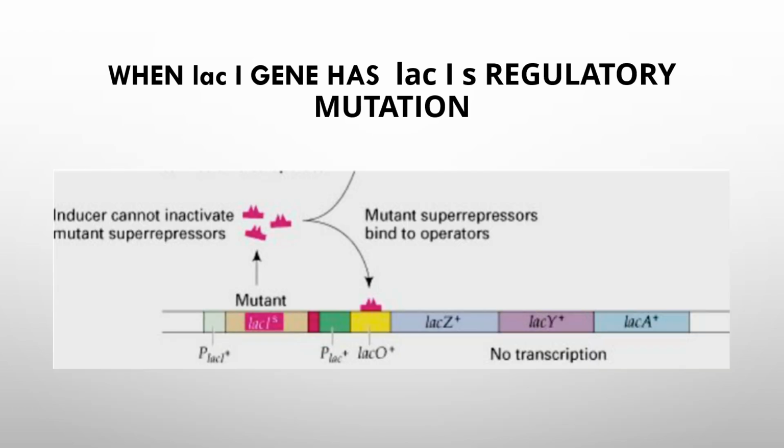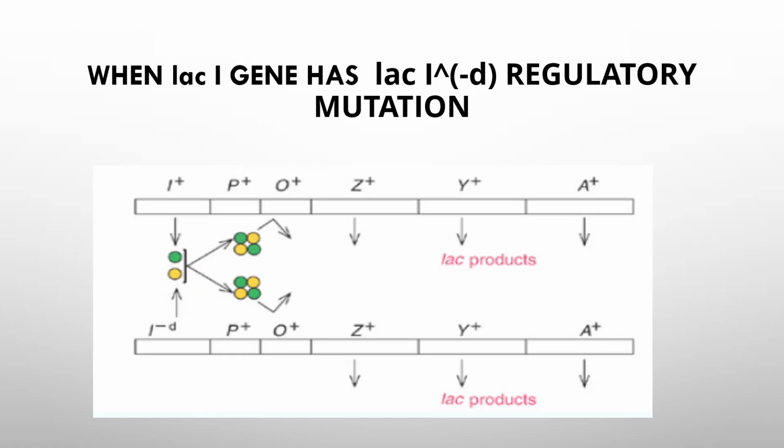When this lac I gene has the regulatory mutation lac I^S, then the repressor proteins which are formed are called super repressors. Why? Because they are not allowing the binding of the inducer over them, and hence they successfully bind to the operator region in any situation, whether inducer is present or it is not present. In that case, the transcription is not possible in any case.